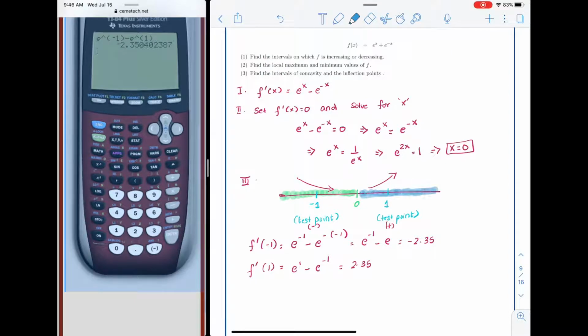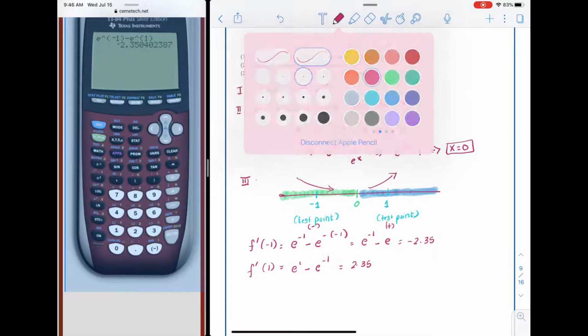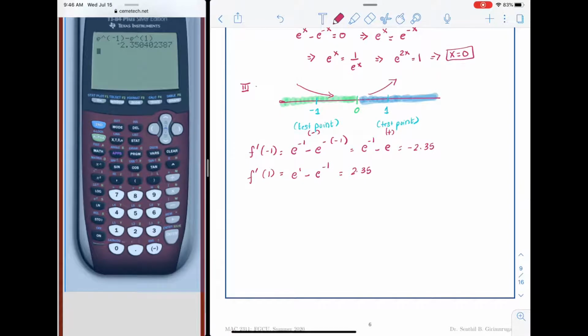So what we can conclude is the point that we see at 0 is the local minimum. So the local minimum is at x is equal to 0. Now, could that be the absolute minimum? Something tells me that it is the absolute minimum. So let's go ahead and graph this.